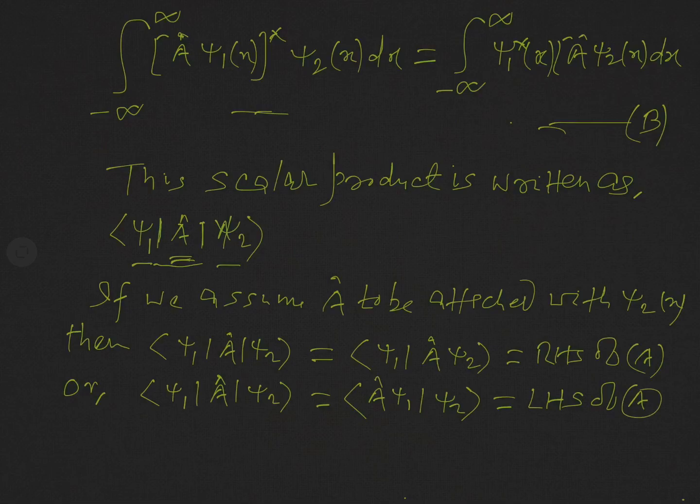If A is Hermitian, then this will be equal to this. So, if A is Hermitian, we can imagine A to be attached with psi2 and then take its scalar product with psi1, and on the other hand, we can attach A with psi1 and then take the scalar product of A psi1 with psi2. But the result will be the same if A is a Hermitian operator.